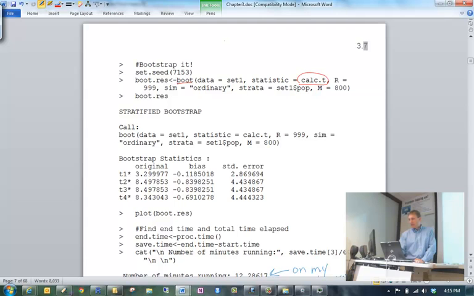Notice my statistic is now calc.t. I'm going to take 999 resamples. Strata equal set1$pop. Again, I'm taking a stratified resample. And then at the second level of resampling, I use 800. Then I print off the results.